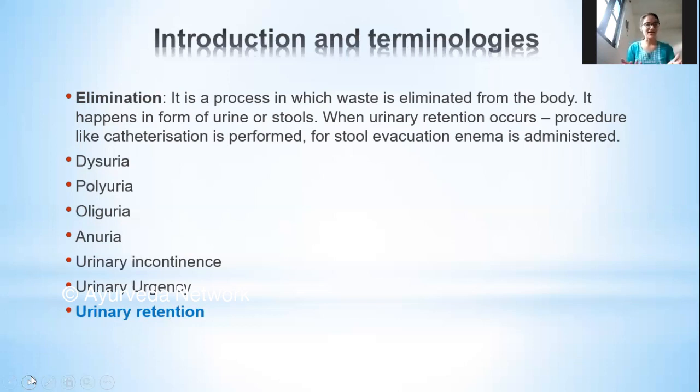And certain common managements: we will go for removing the cause. So if there is lack of privacy, you provide privacy to the person. And if the person is not able to pass out the urine and there is no big pathology, then you should provide an appropriate position. For example, in women, the appropriate position is the squatting position to eliminate the urine.